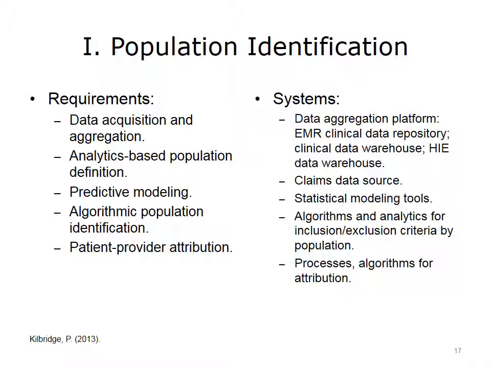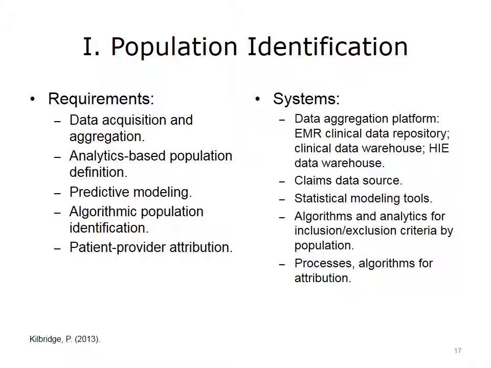We have previously discussed the requirements for identifying a population, data acquisition and aggregation, and we identified many data sources. The data needs to be normalized, brought together, and aggregated so that we have what we call a 360 patient view, or as much information about the patient on an individual level as we can.